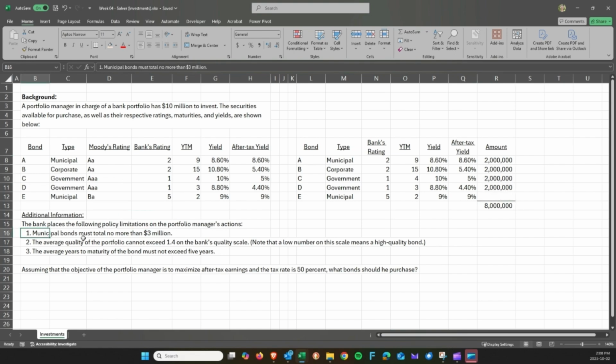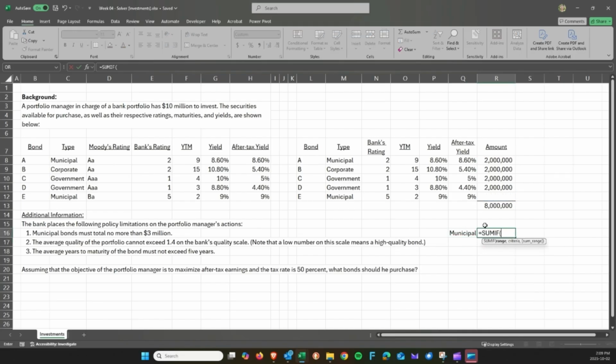Municipal bonds, our first restriction here, is that municipal bonds must not total more than $3 million. There are these 2 municipal bonds here, A and E, and the combined value of those 2 must be less than or equal to 3 million. So we need a total calculation for the amount we've allocated to municipal bonds. I could do a sum if, or I could just do this one plus that one, whatever your preference is.